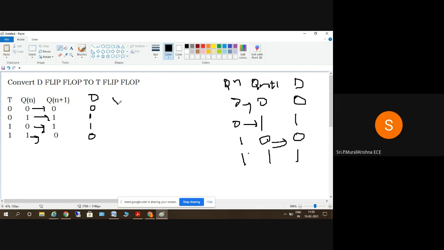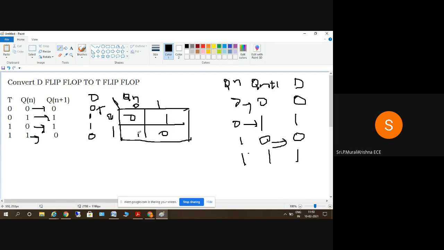Okay. Now draw the k map here for d. So only d. We have only d input here. Like this is t, it is q of n 0 1 0 1. Okay. And d values are 0 1 1 0. Okay. So two individual values.